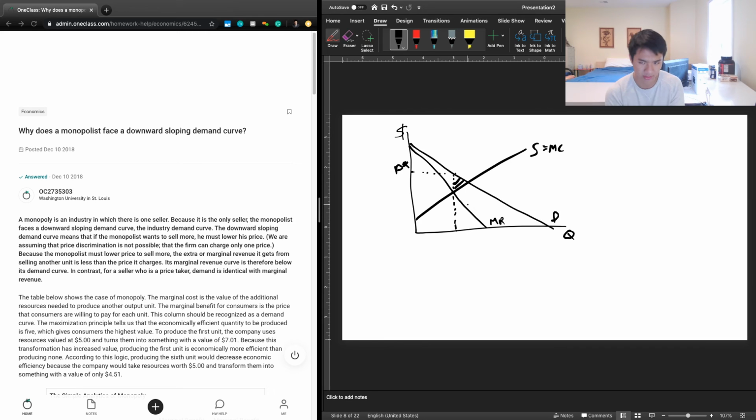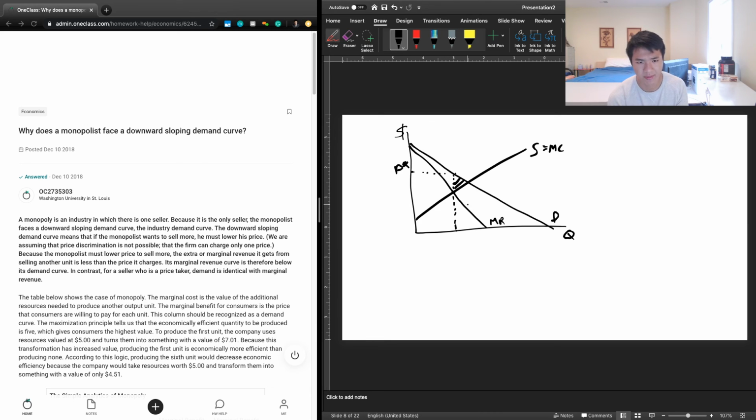That's the monopolist curve, and it asks us, why does the monopolist face a downward sloping demand curve? And so I'm not sure why the explanation needs to be so long, because the reason the monopolist faces a downward sloping demand curve is because of the law of demand. All products have a downward sloping demand curve, with a few exceptions if you have one of the extremes.